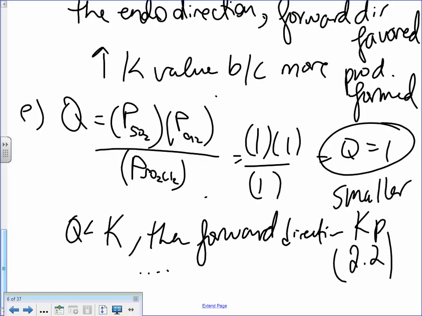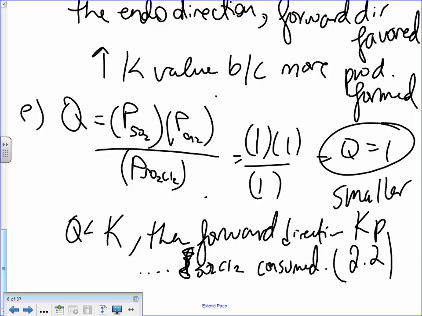So what would that do to SO2Cl2 if you're proceeding forward? It decreases because it's a reactant, so it's consumed. It didn't say pressure, it just said amount. So you can just say SO2Cl2 is consumed, so therefore it decreases in the forward direction.